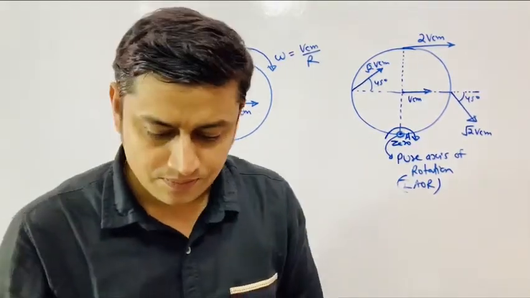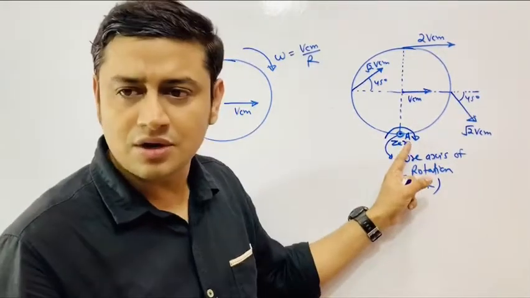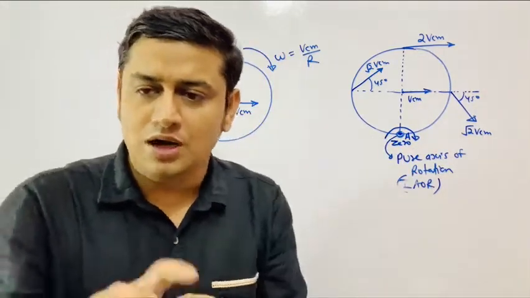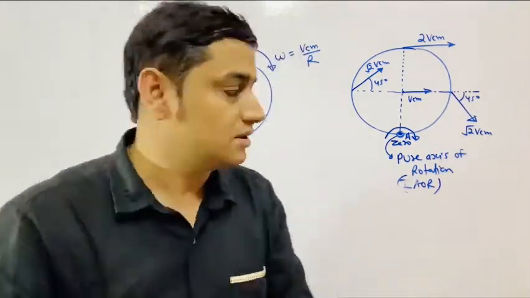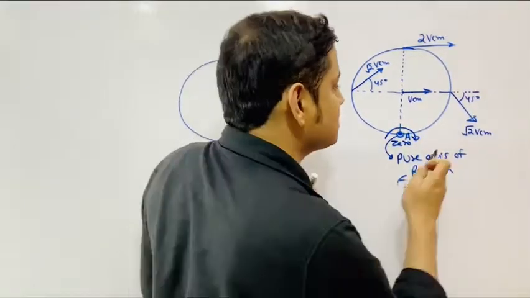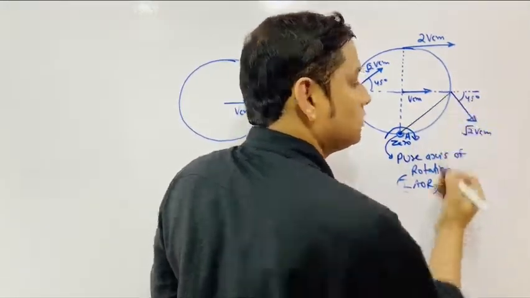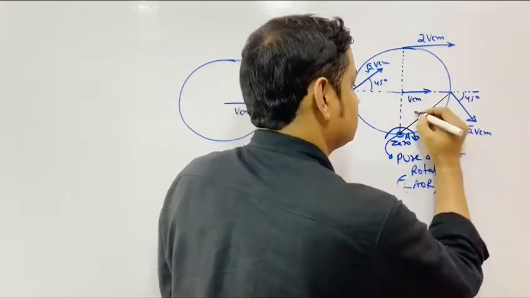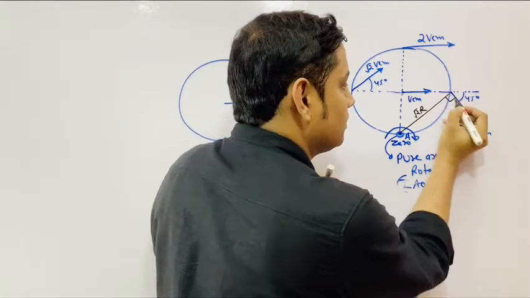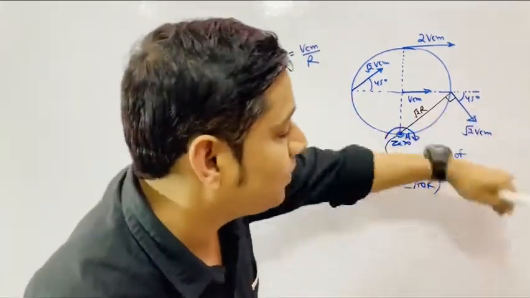How in a single step? Because once this is the pure axis of rotation, this point would be at rest. Why? Any point on the axis of rotation is at rest. So this point is at rest. This point is at a distance of root 2 R, so the speed of this point would be root 2 R into omega.